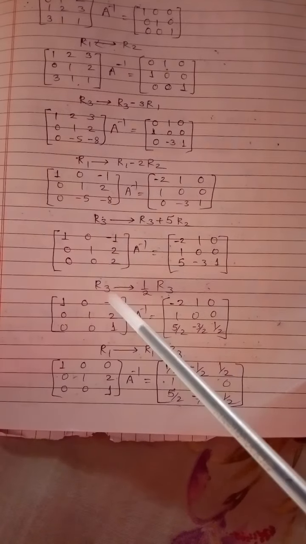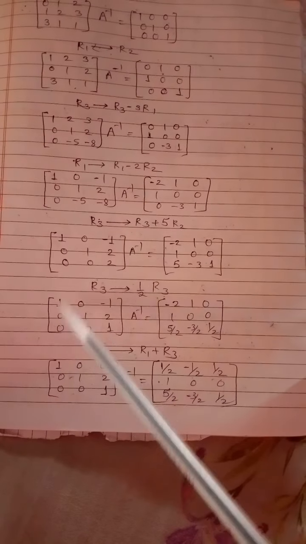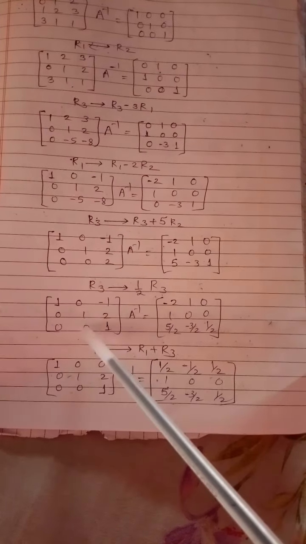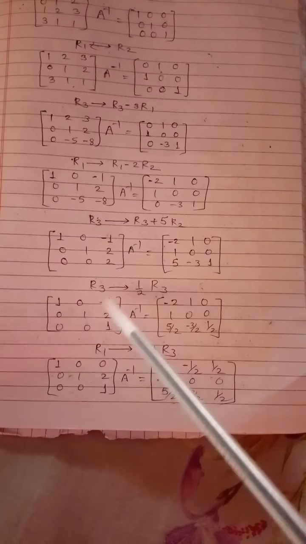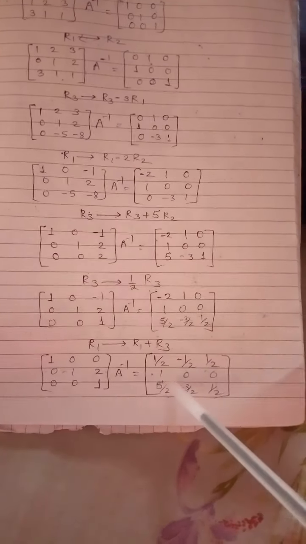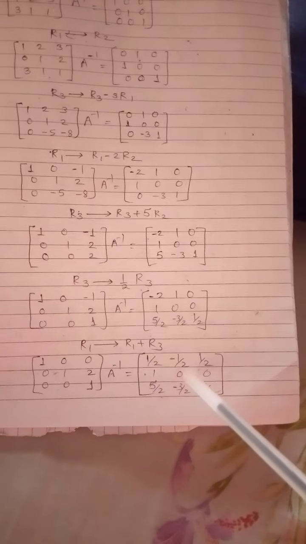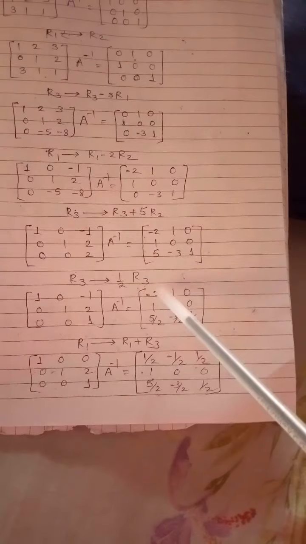So 1 plus 0, we will get here 1. Again 0 plus 0, it is again 0. And minus 1 plus 1, it becomes 0. And R2, R3 as it is. The same changes we have to take here. So by taking the addition of R1 and R3, that is minus 2 plus 5 by 2, we will get half. Next 1 minus 3 by 2 will get minus half, and 0 plus half will get here half.